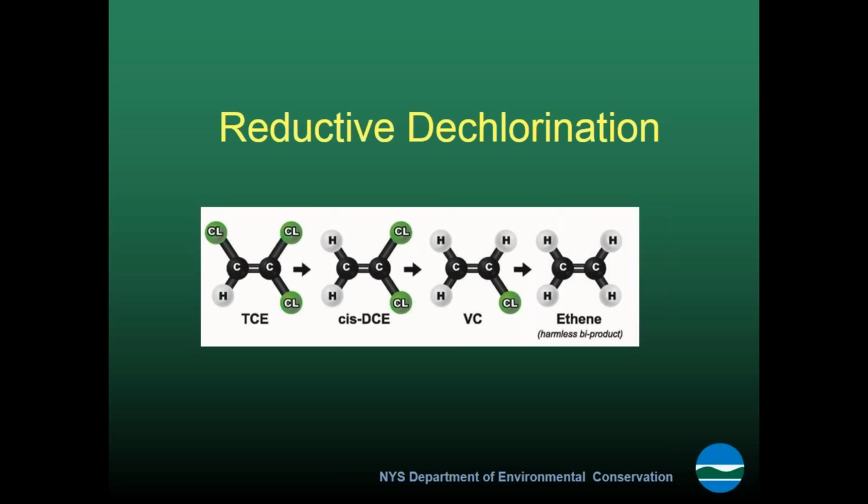So there doesn't appear to be that limit for the bacteria. They can survive in very high concentrations of these chemicals, and the reductive dechlorination is taking place right in the source area. We just weren't seeing a measurable reduction because there was so much of the chemical in those source areas.